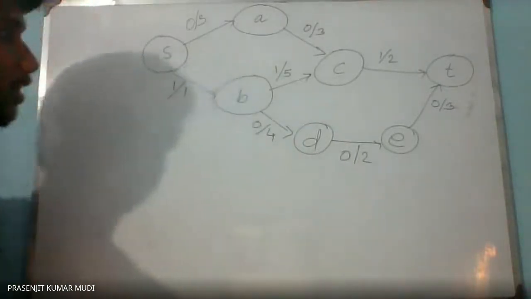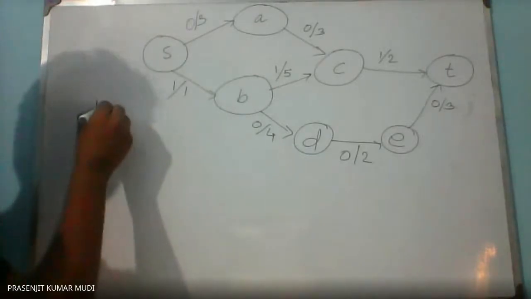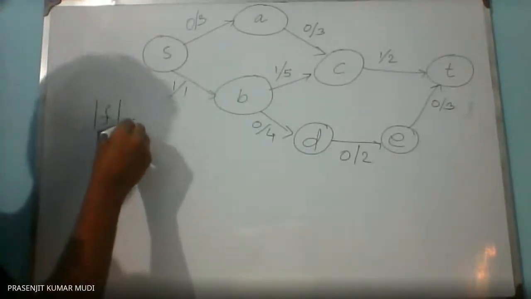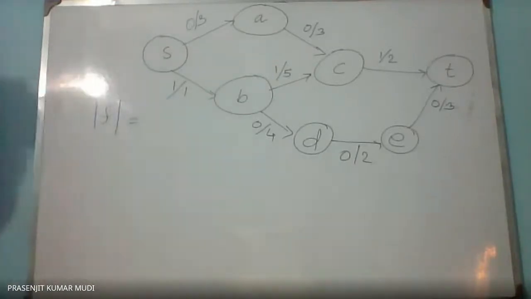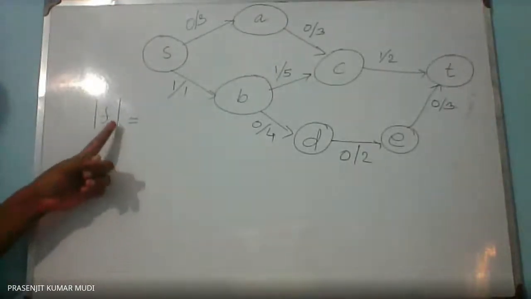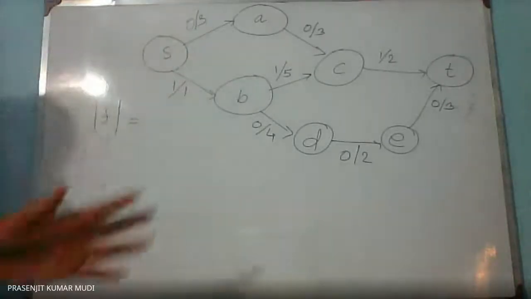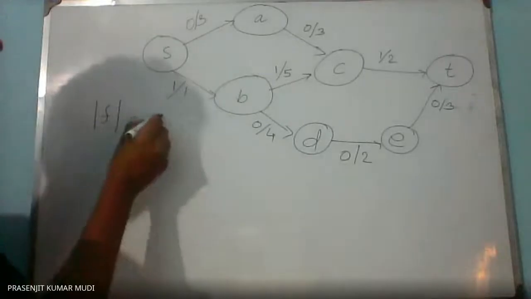Just tell me what will be the flow of this flow network, denoted by mod of f. What is the value of mod f? That is the flow of the overall network. It is 1.